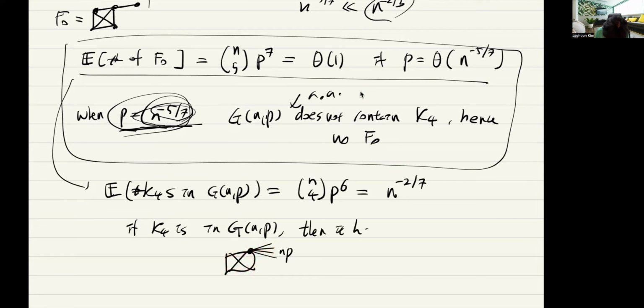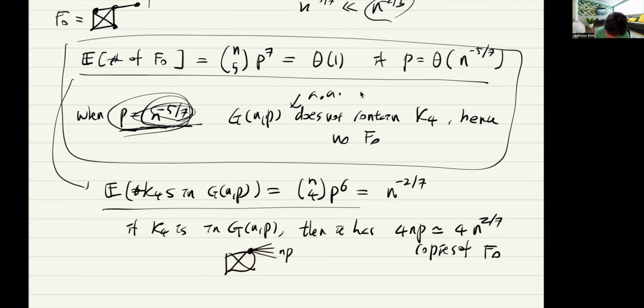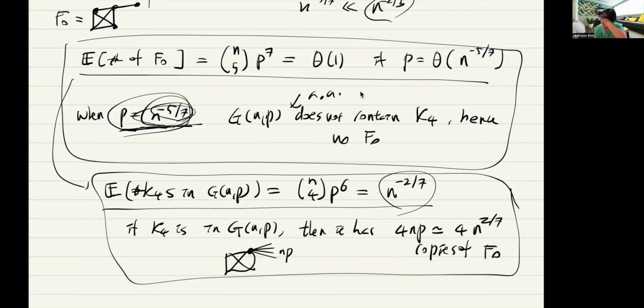Then it has roughly 4 times np, that's like 4 times n to the 2 over 7 copies of F0. So it is very unlikely to have a copy of F0, but once it has one, it has many. Because of that, the expectation is actually a multiple of this, which is constant, while the probability of it having 0 copies is very small.